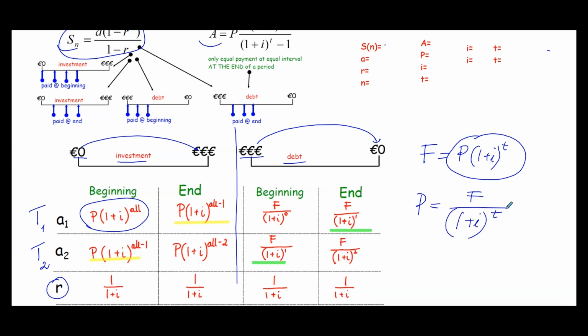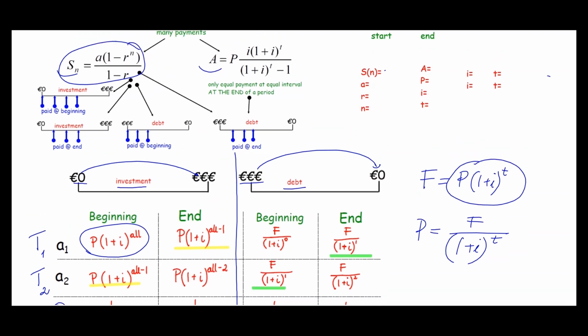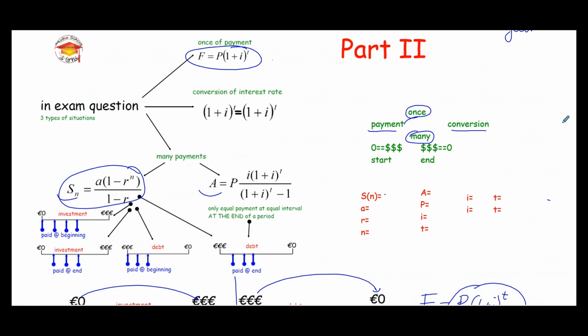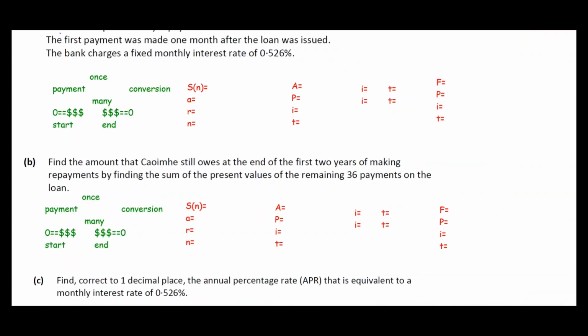So this is about future money and this is about present money, because F is future money and P is present money. That's the main difference. So let's apply that knowledge to the examples we looked at in the previous part.